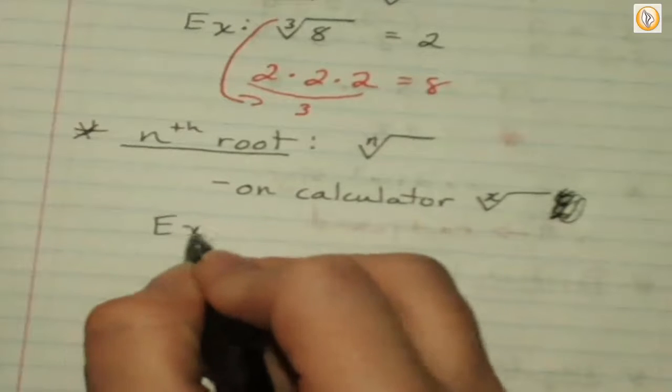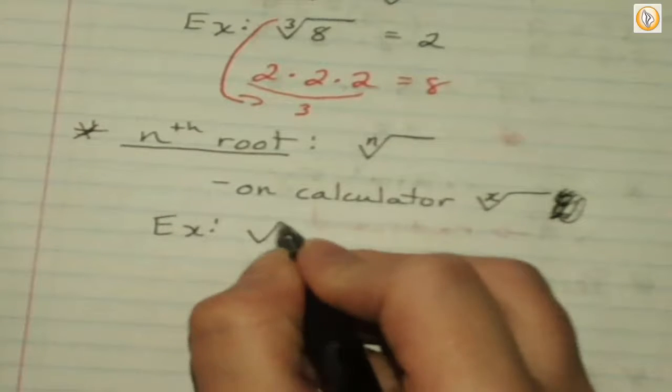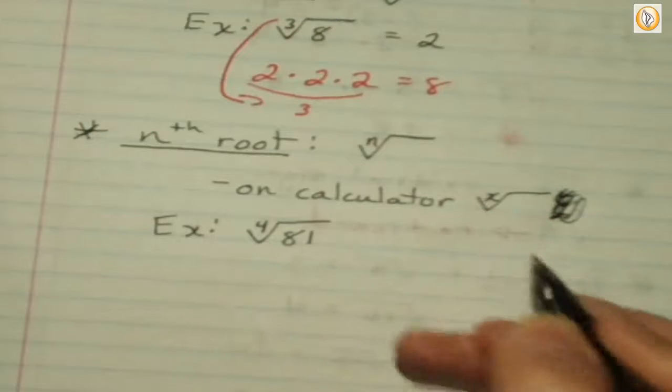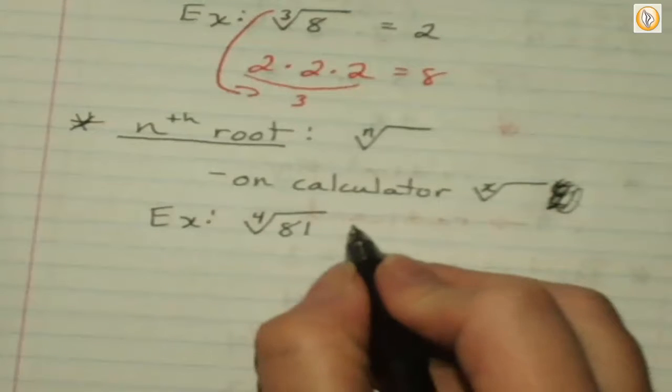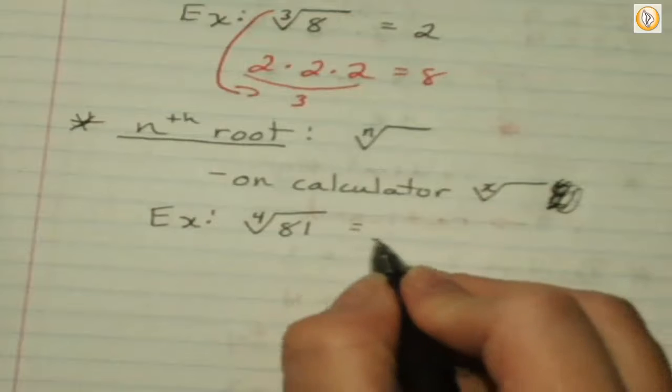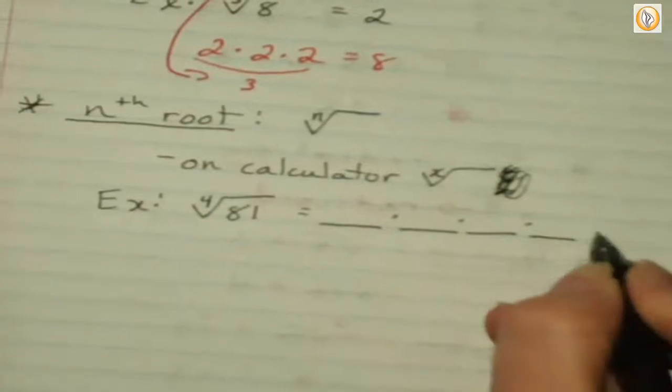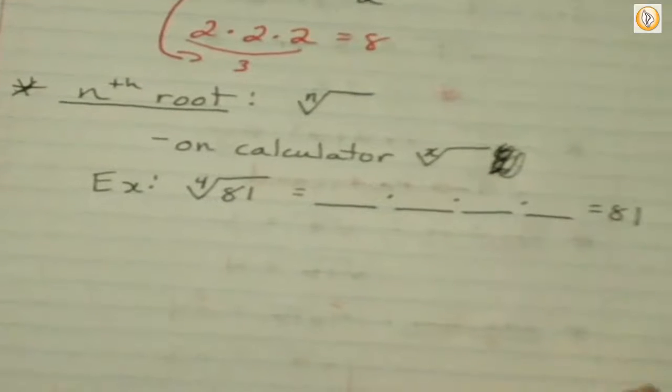For example, what if I have the 4th root of 81? So basically, what number times itself 4 times gives us 81?